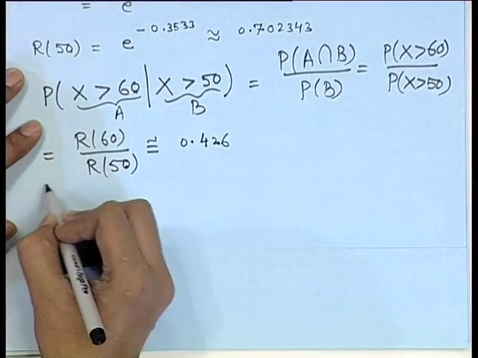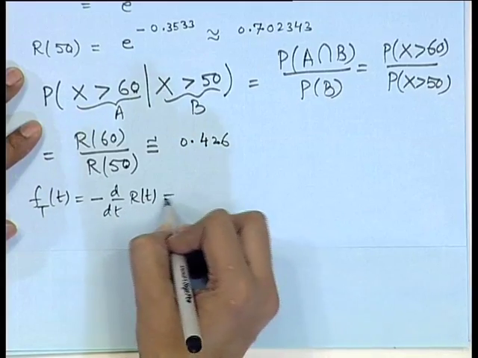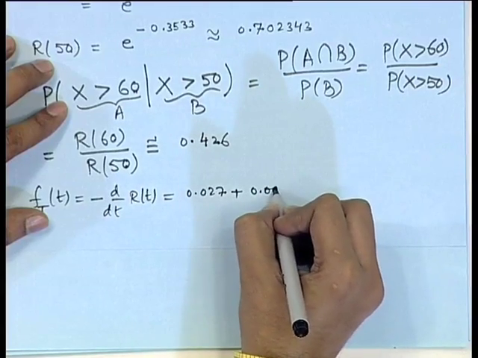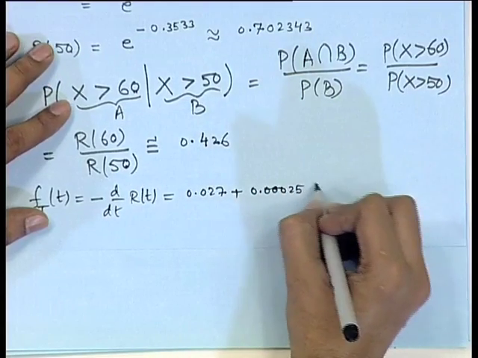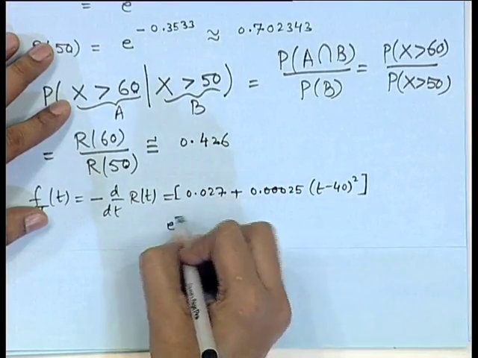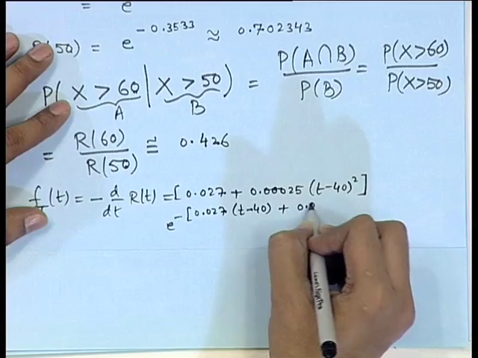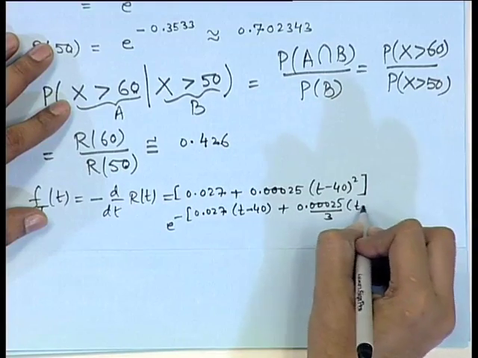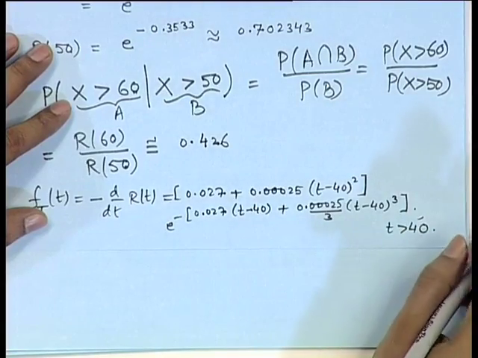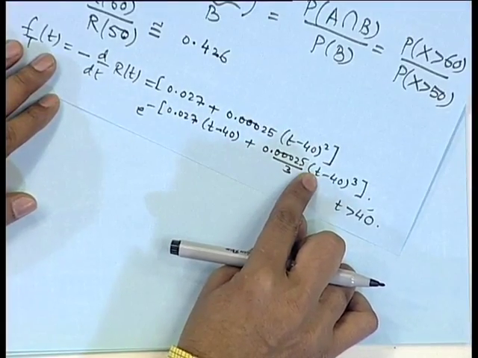So, the density function is obtained as minus d by dt of R(t), which is equal to 0.027 plus 0.00025 (t minus 40) squared, e to the power minus 0.027 (t minus 40) plus 0.00025 by 3 (t minus 40) cubed, that is, t is greater than 40, which is nothing but the probability density function of a shifted Weibull distribution.